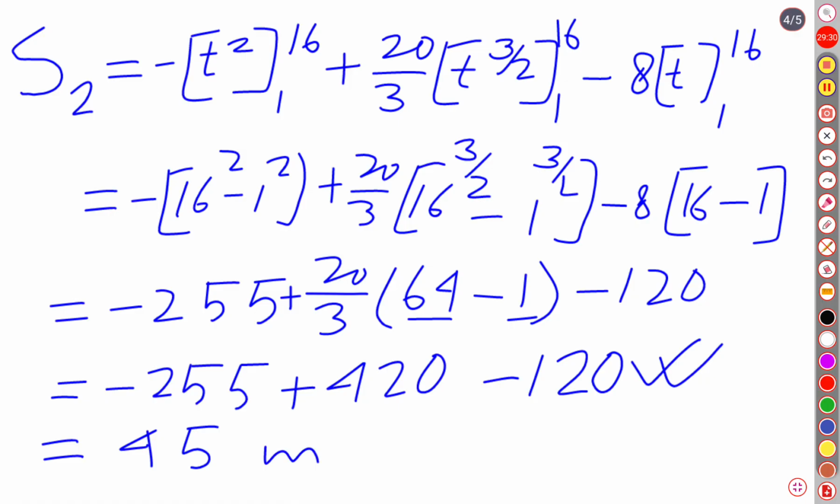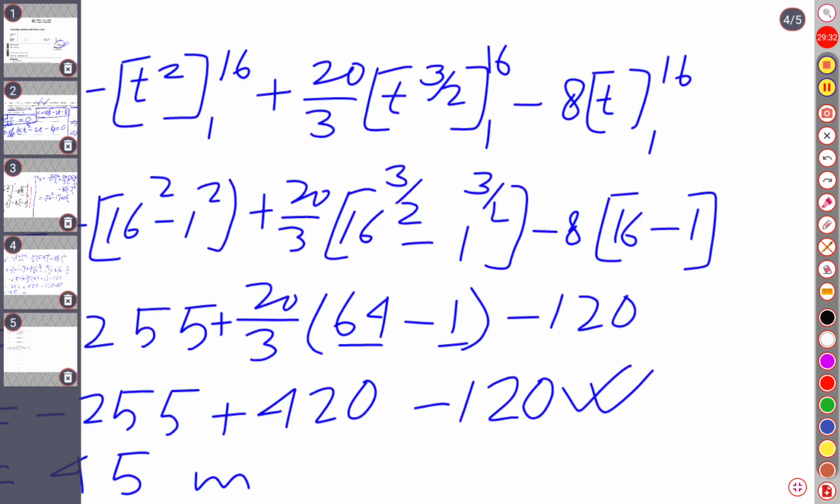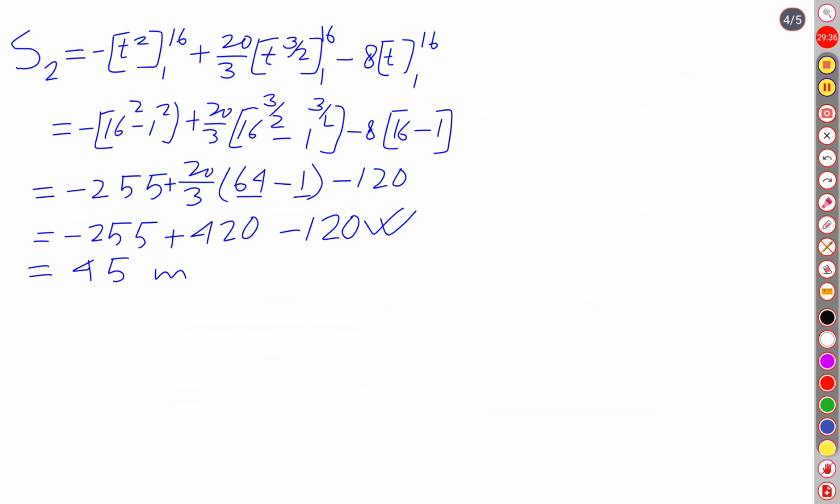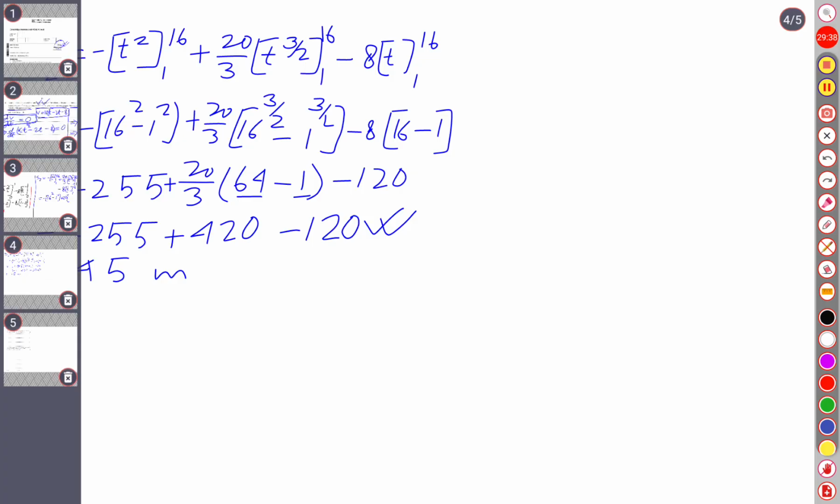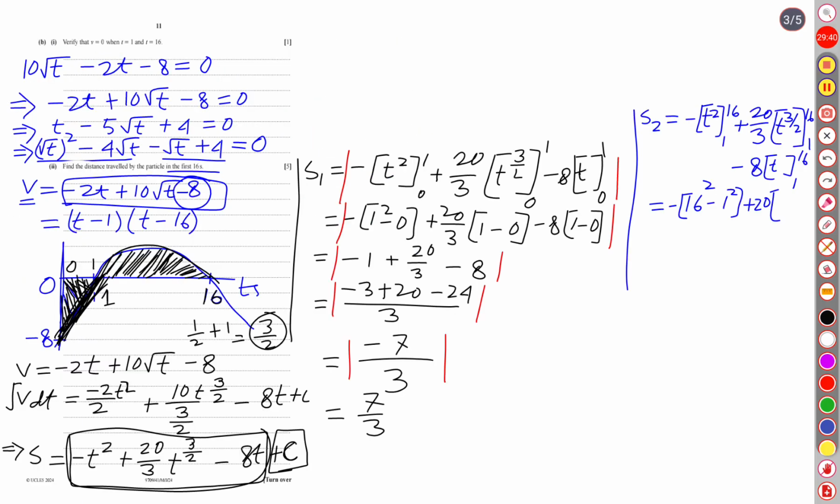And in the first part, we have got the distance, which was 7 over 3. So we are going to find the total distance.